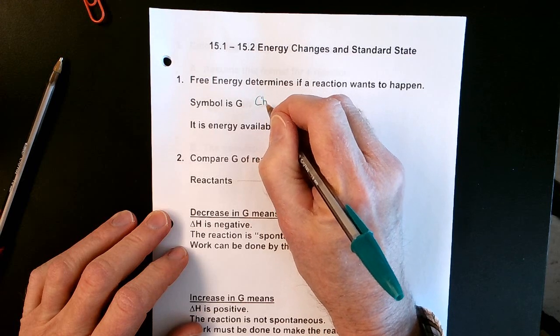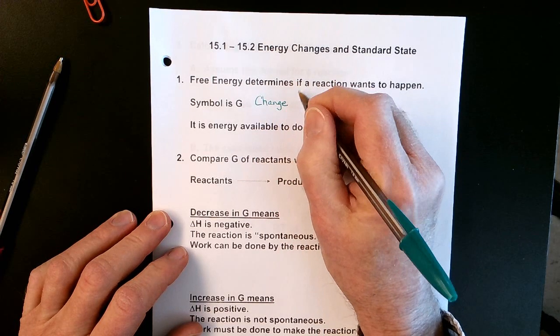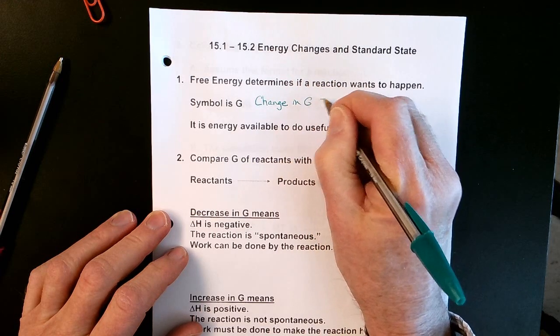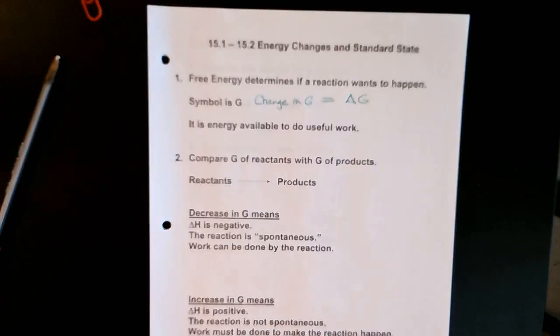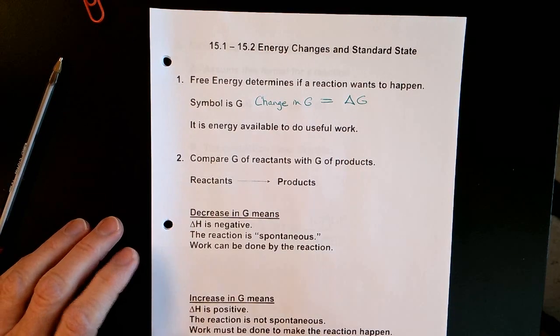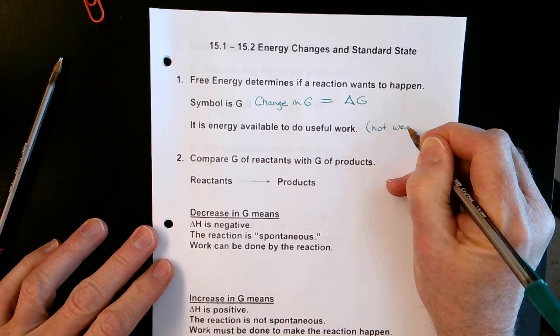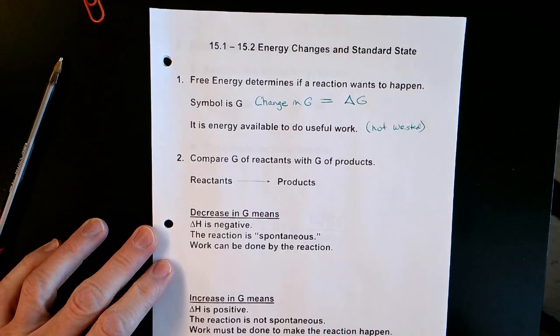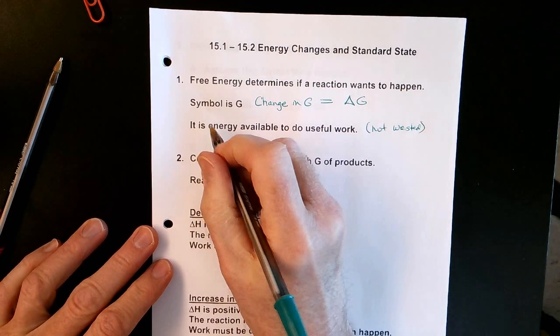Now, what you'll see more often, though, is what we care about is the change in G, and that has the usual symbol of delta. All right, so that's what we're talking about. It's the energy available to do useful work, as in not wasted. What is wasted?